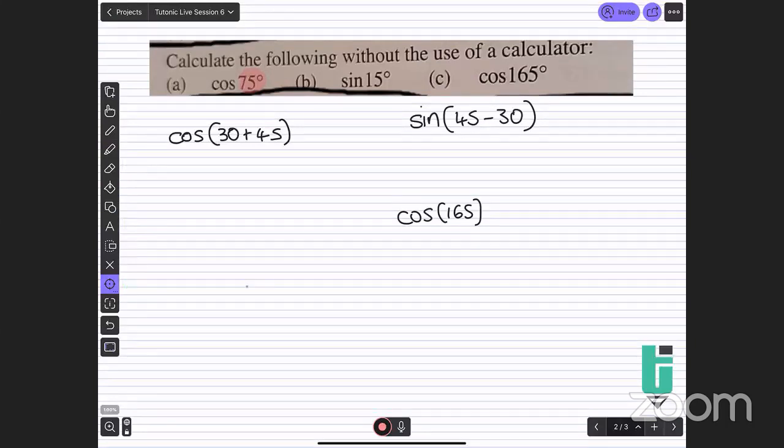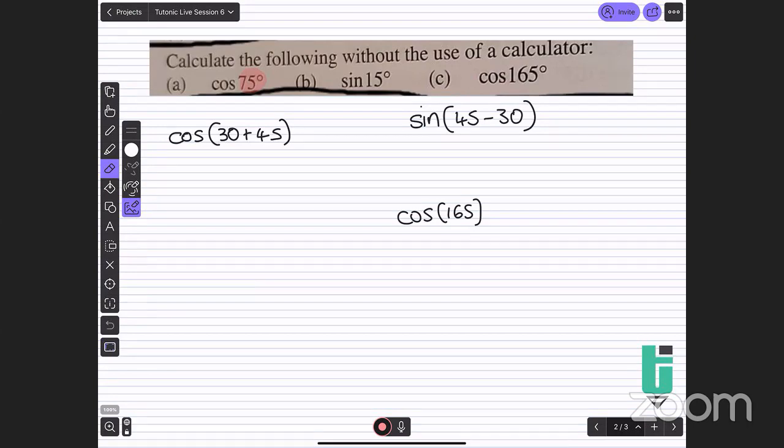165 minus 90 gives you 75, and then we can use 75 somewhere, like 30 plus 45.